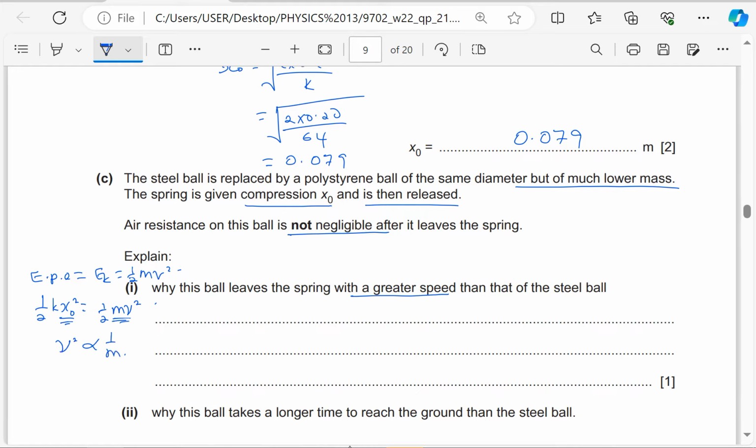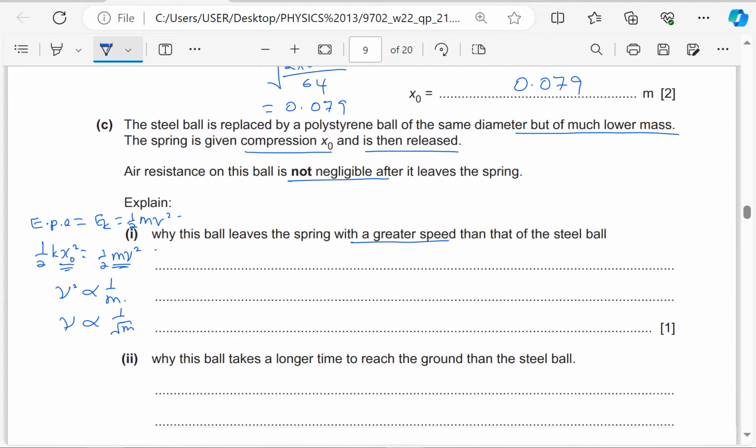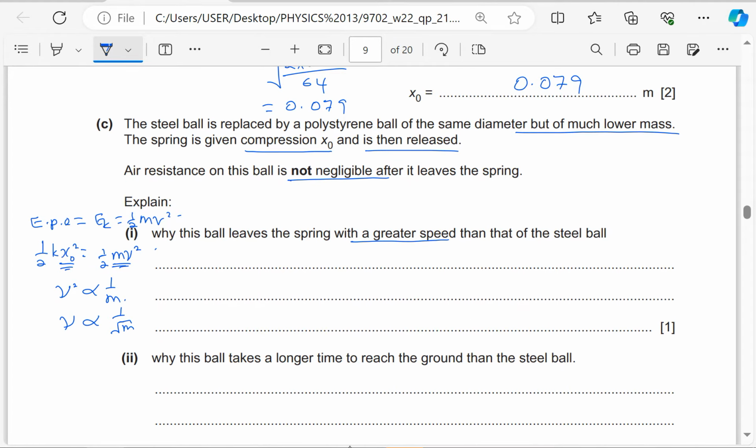So v is inversely proportional to the root of m. So the lower mass means a greater speed, even if there is air resistance.